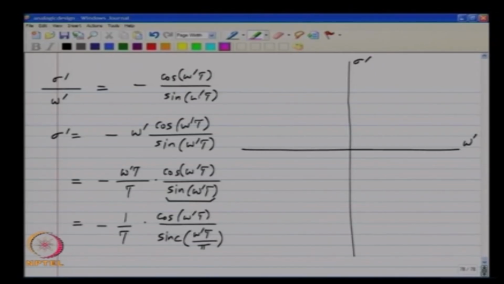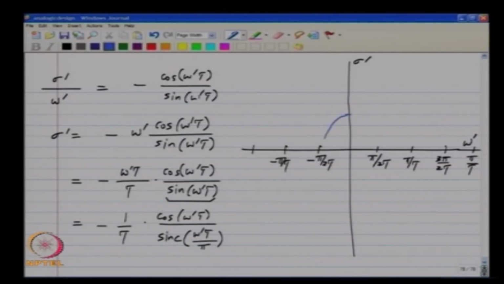Now, before I plot the whole curve, I will plot the cos and the sinc individually. And we know that both the cos and sinc are symmetric about the y axis. So, first I will plot the cos.